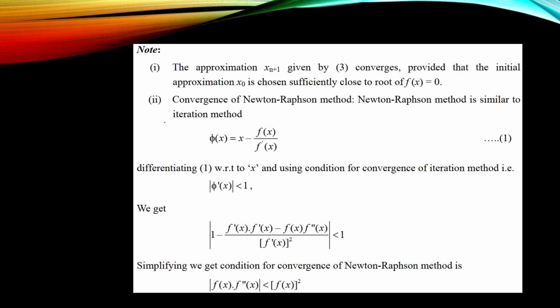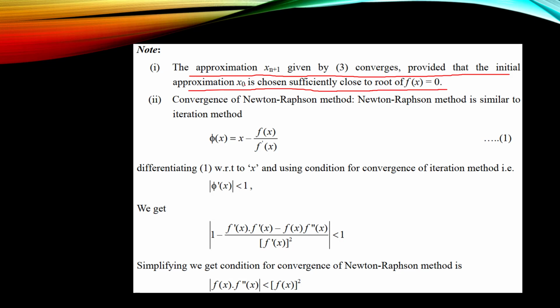A little bit of theory into that. The approximation xn plus 1 converges, provided that the initial approximation x0 is chosen sufficiently close to the root of f of x equal to 0.